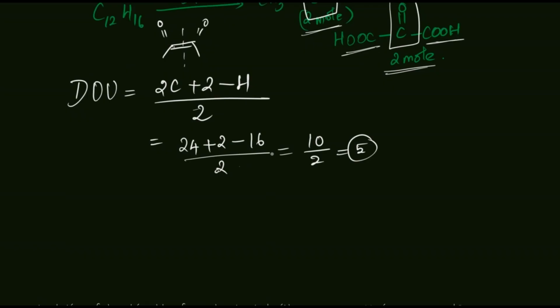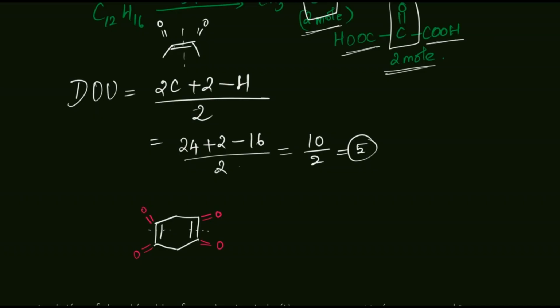The structure would be maybe something like this, where it can break and put double bond O, and further oxidation, this becomes the carboxylic acid. So 2 moles of acetone carboxylic acid is sorted.